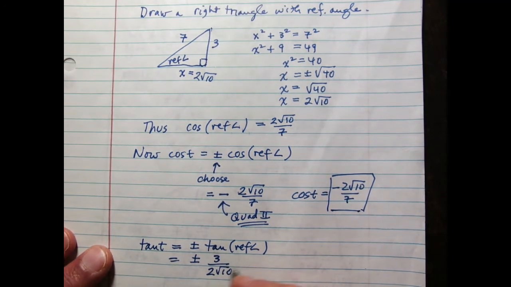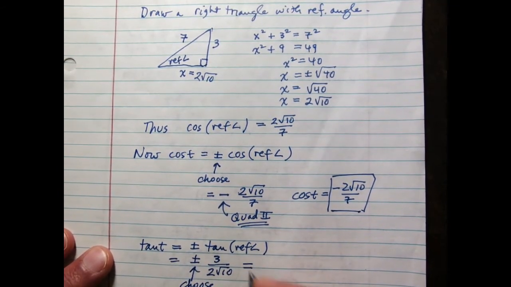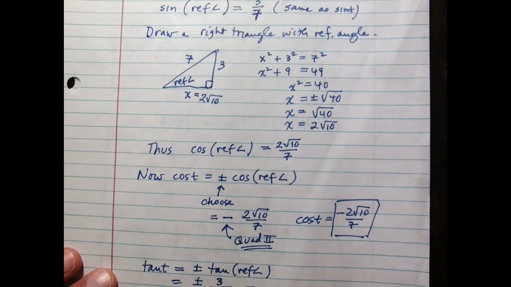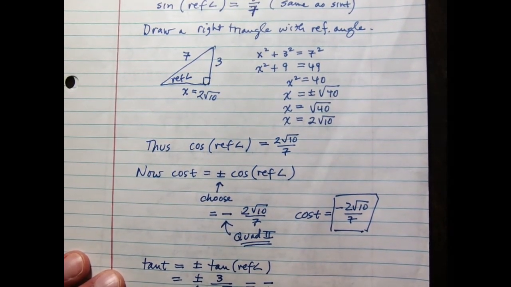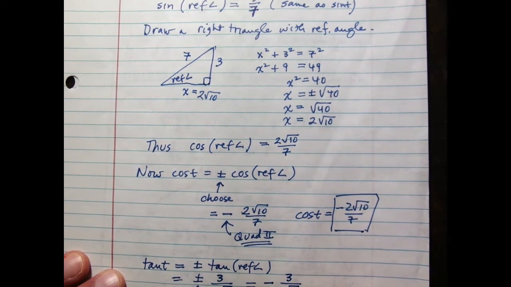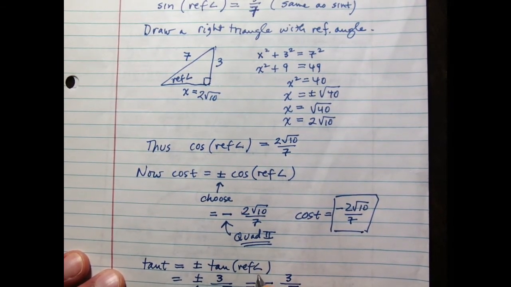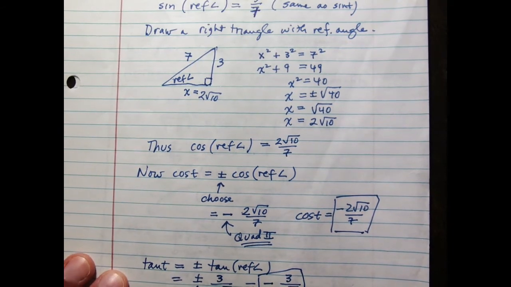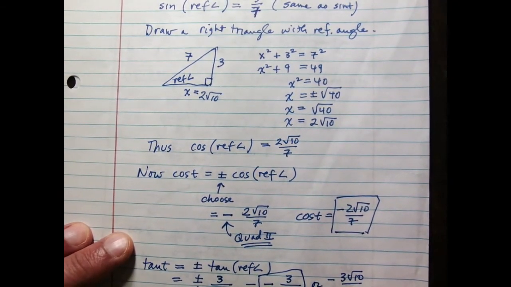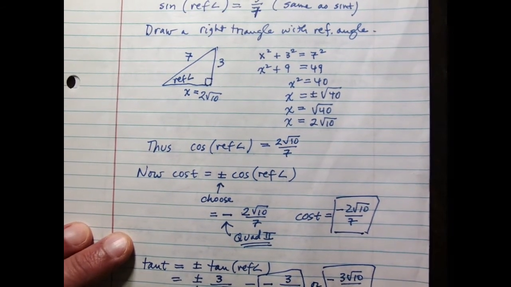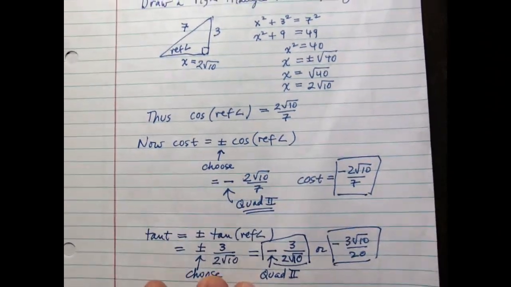And again, I need to choose. I can't have both. And again, because I'm in quadrant 2, I know tangent is negative in quadrant 2. And so here's my value for tangent, which you could also rationalize and write in that form.